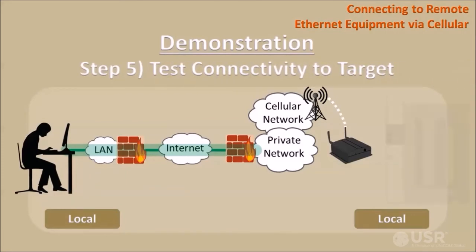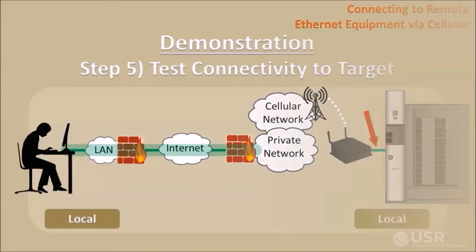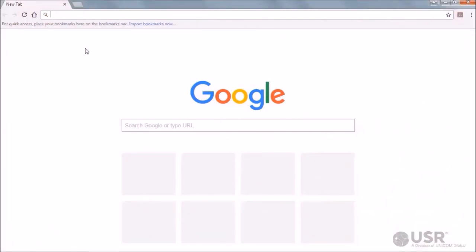Finally, I can test connectivity to the target equipment. I'll use a short Ethernet cable to connect the gateway to the target equipment. Now I'll launch my web browser again. I'll enter the cellular gateway's IP address and the destination port number into my web browser.